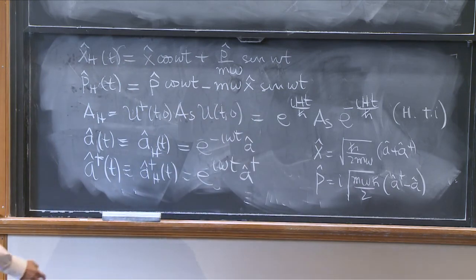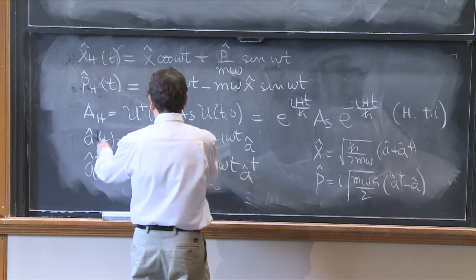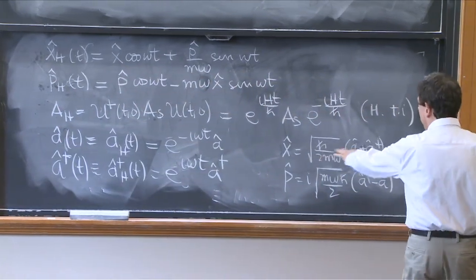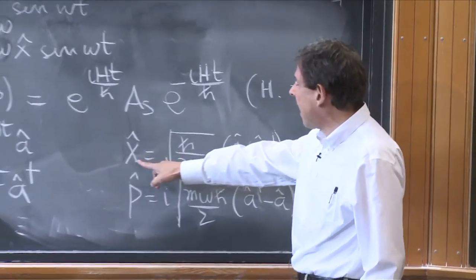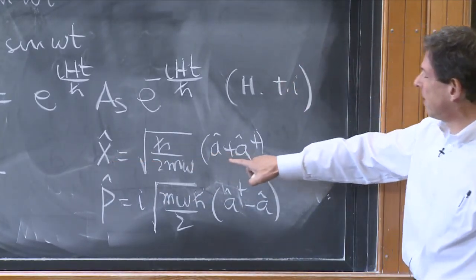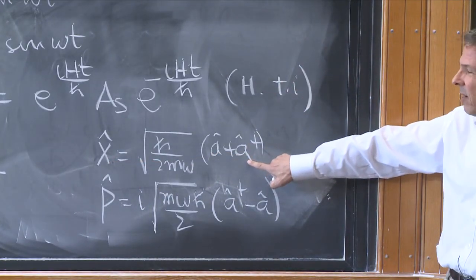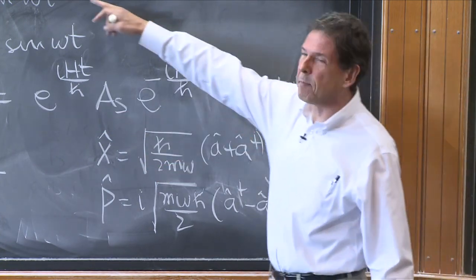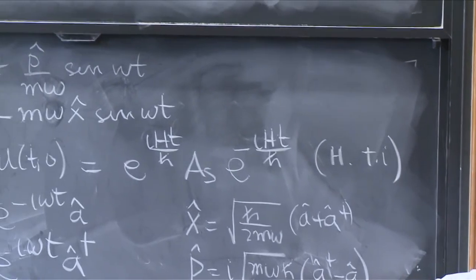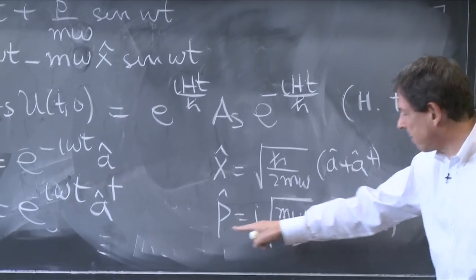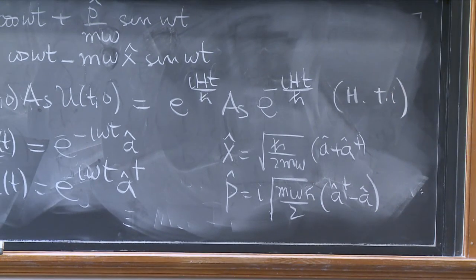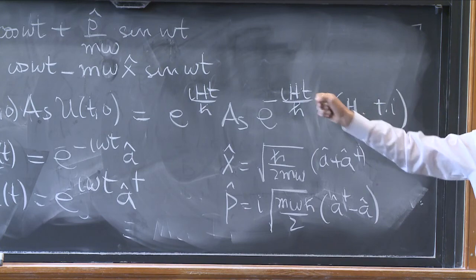Finally, if you substitute these A and A daggers in this formula, for example, you could say X Heisenberg is A Heisenberg plus A dagger Heisenberg, and you substitute those Heisenberg values there, you will obtain this. Same for the momentum. Remember, if you have an equality of Schrödinger operators, it also holds when you put Heisenberg on every operator.